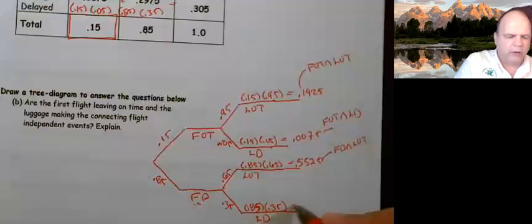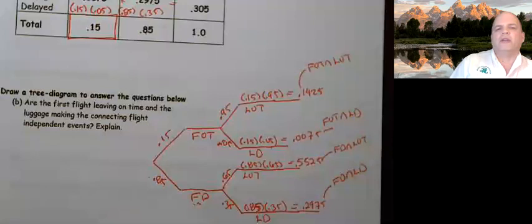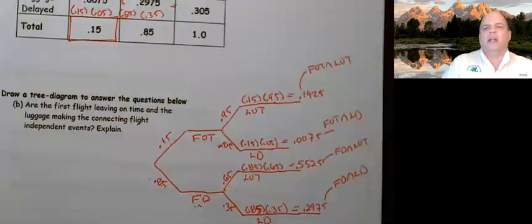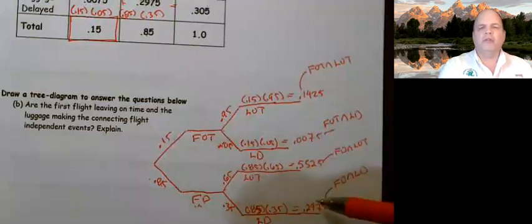When we multiply those, we find out that almost 30%, 0.2975, the flight's delayed and the luggage is delayed. All right, and if I've done all of this correctly, these four probabilities will sum to one whole.